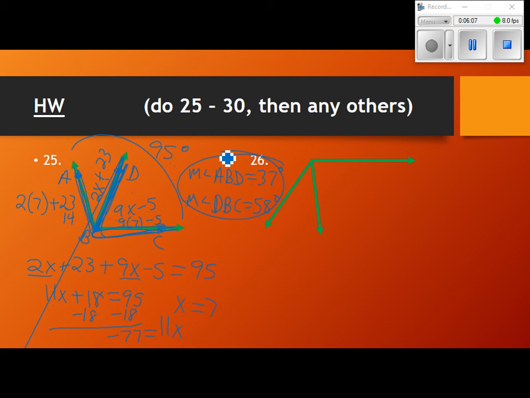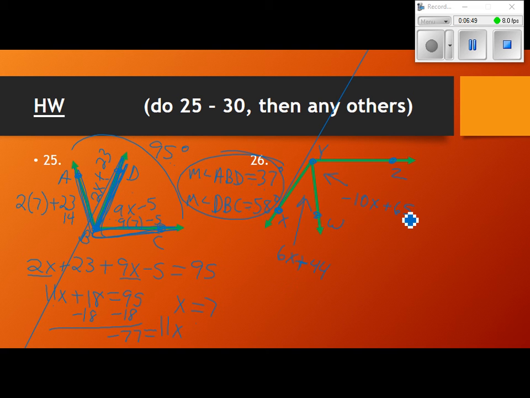Problem 26, they tell us this is X. That's W. This is Y. And this out here I'm guessing is Z. This angle right here is 6x plus 44, and this angle is negative 10x plus 65.